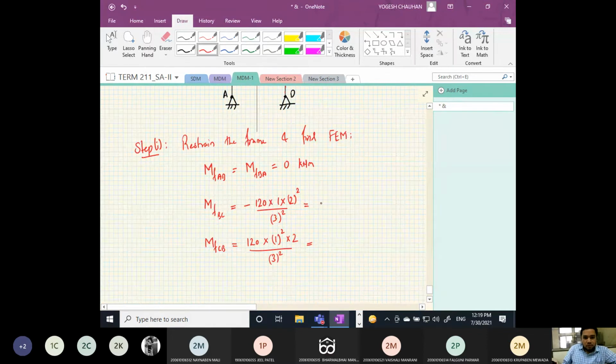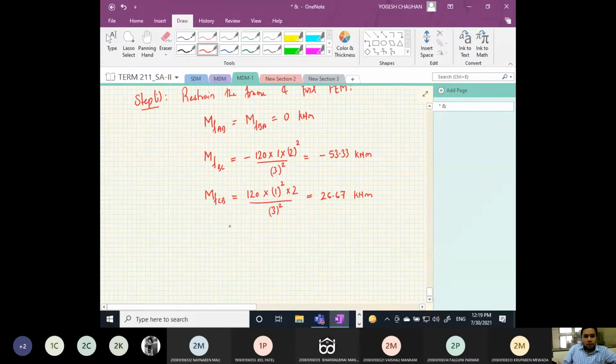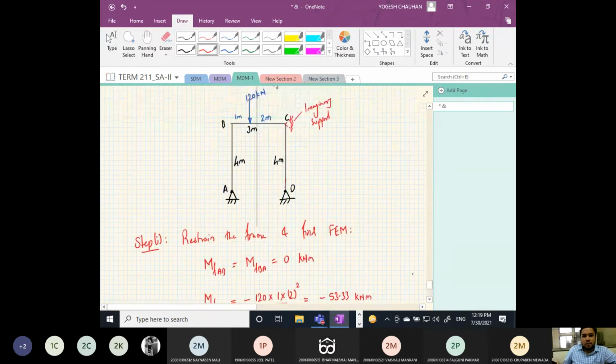These moments are minus 53.33 kilonewton meter, just verify these values, and 26.67 kilonewton meter. And MFCD equals MFDC, they will be 0 because there is no load on member CD. Okay.